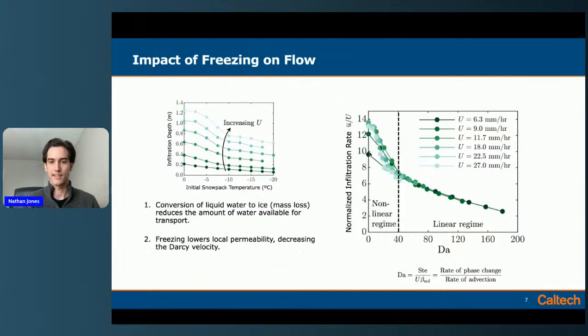This reveals that below a certain threshold of, say, Damköhler 40, the rate of phase change and the advection effects are in much stronger competition, both because the slope is sharper here and because there's a bit more variability. After this, we're in a really high phase change rate regime, and the flow behavior is mostly controlled by the amount of freezing that's happening.